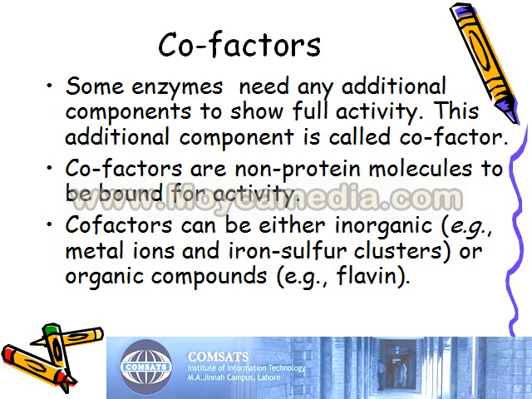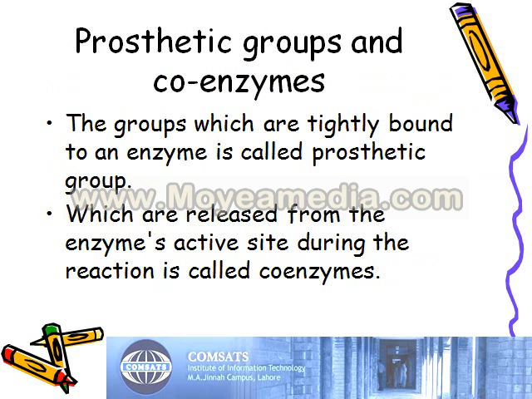This additional component is called a cofactor. Cofactors are non-protein molecules bound for activity, and they can be either inorganic, for example metal ions and iron sulfur clusters, or organic compounds, for example flavin.